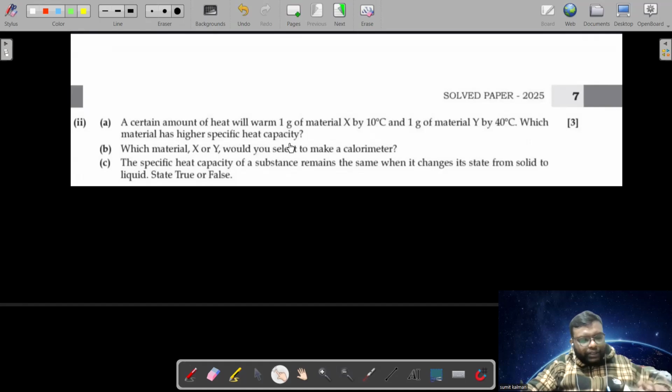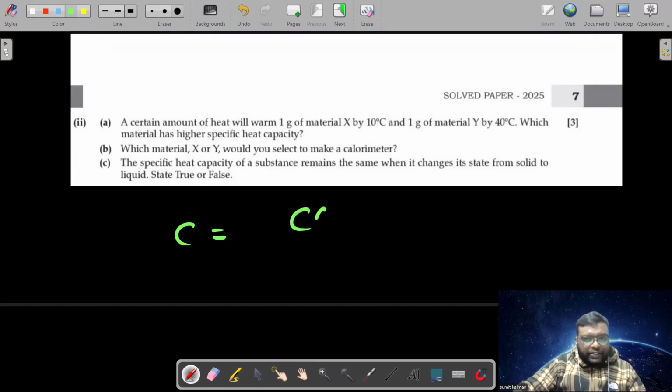And we all know what specific heat capacity is. Specific heat capacity of a substance is defined as the heat capacity per unit mass of a body of that substance, and it is given by a formula: C is equal to C dash upon m, the mass of the body, where C dash is the heat capacity of the body and C is the specific heat capacity.